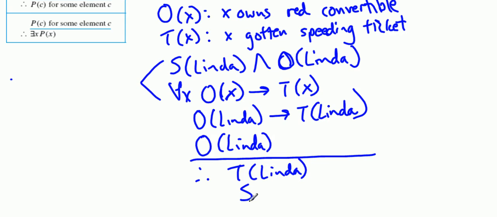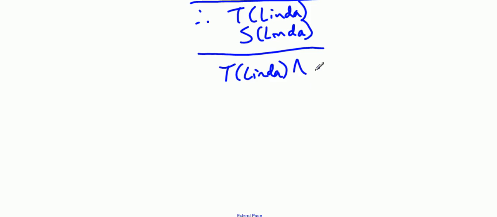We also already know, as our first premise says, that s of Linda. So we can put together t of Linda and s of Linda.